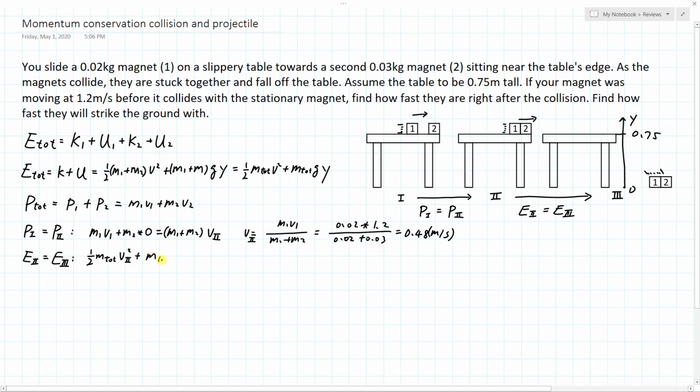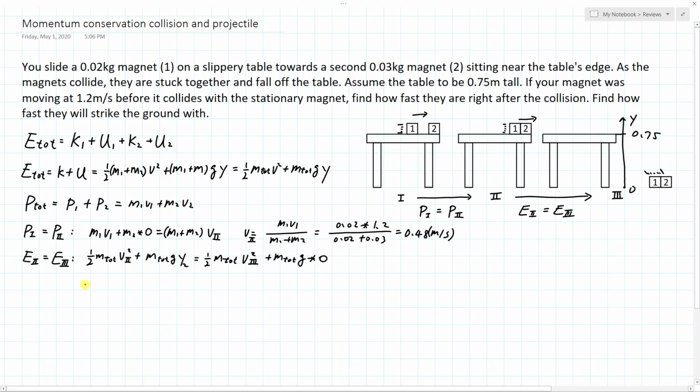Plus M total g y2, which is the 0.75, equals 1/2 M total V3 squared plus M total g times 0 height. Okay, so that term is gone. Looking across the equal sign, we have M total, M total, M total. So M total can divide out.